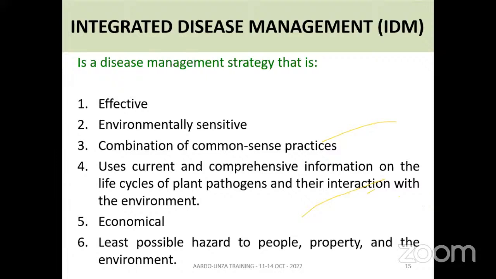You may not need to do anything if that disease is not spreading. But even as it begins to spread, there is a level at which it begins to cause economic damage, a level at which it begins to affect the profitability of your enterprise. That would be a good time to start acting, and we'll look into that.